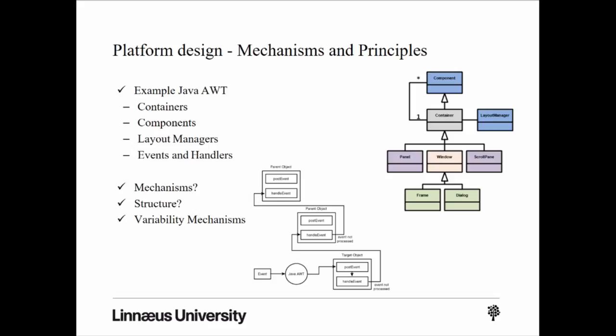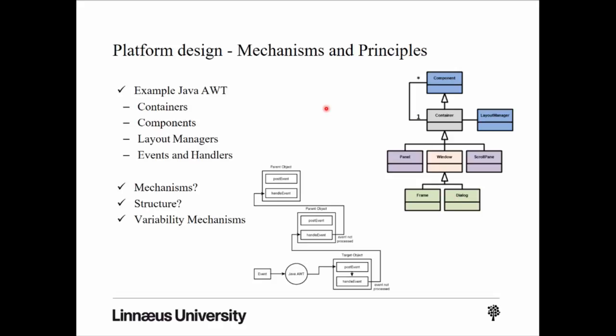Okay, so now we can instantiate different variants of our containers, different variants like panels, windows, scroll panes, frames, dialogues, and then, well, you know, all the things, buttons, text fields, etc. below. We can create a static UI. However, a static UI is not very fun, so we need some dynamics.